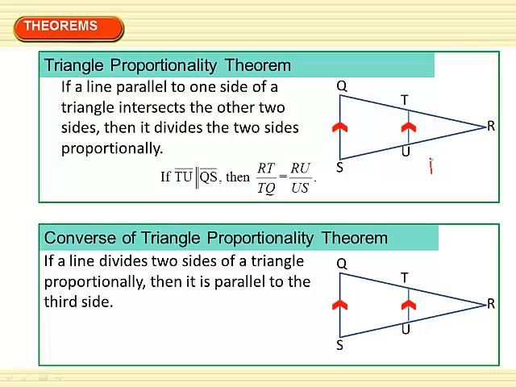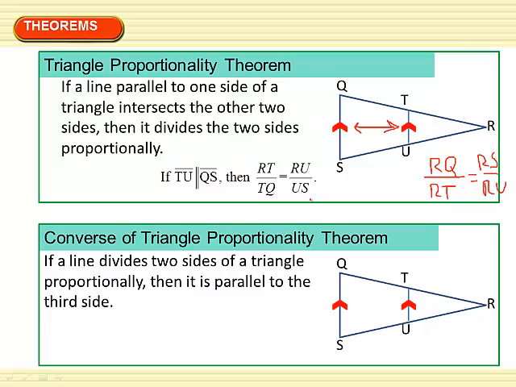You can also have RQ's length to RT's length be the same as the long length of the other triangle, which would be RS's length to RU's length. So there are many proportions that can be created here. This is just one, but this occurs when the two lines are parallel. In a later module, you'll see that this is an important theorem as well.